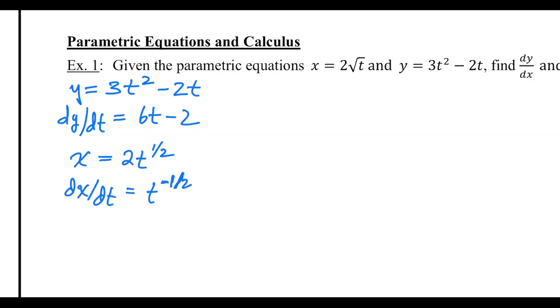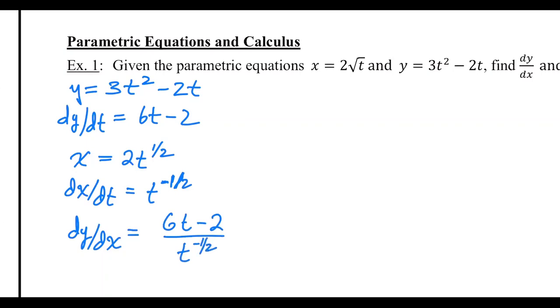All right. So then if I want dy/dx, I'm going to find the quotient of those two. So 6t minus 2 divided by t to the negative 1/2.